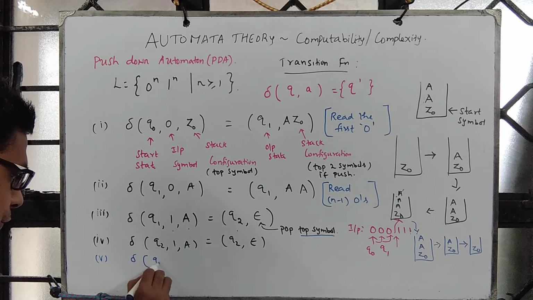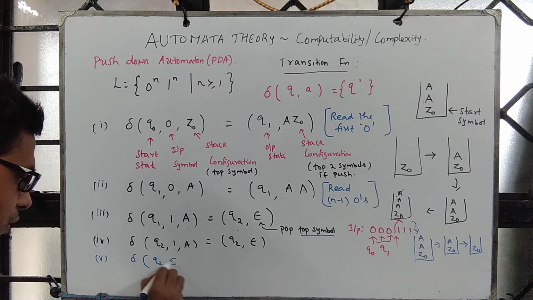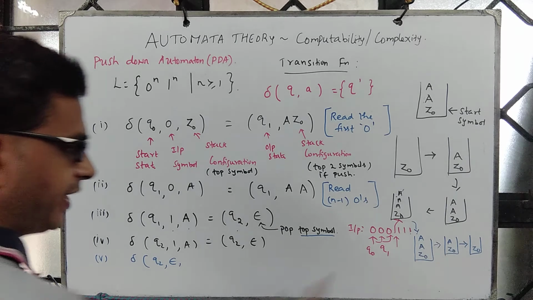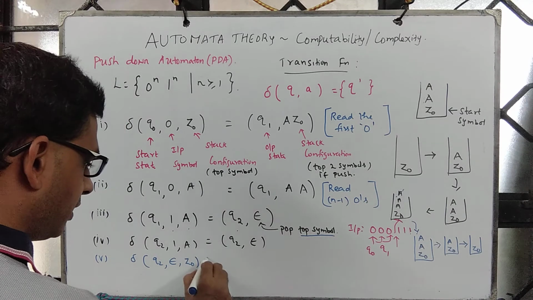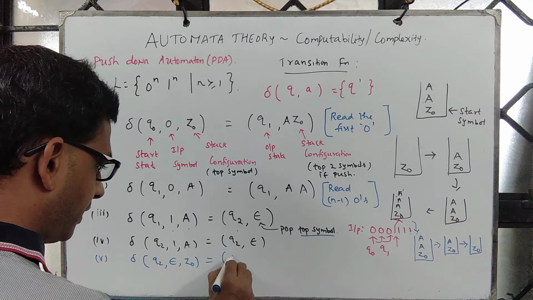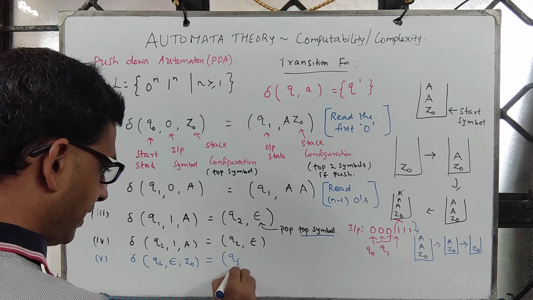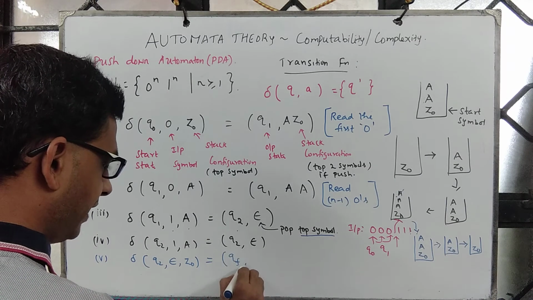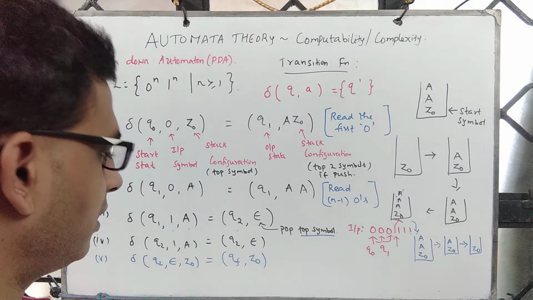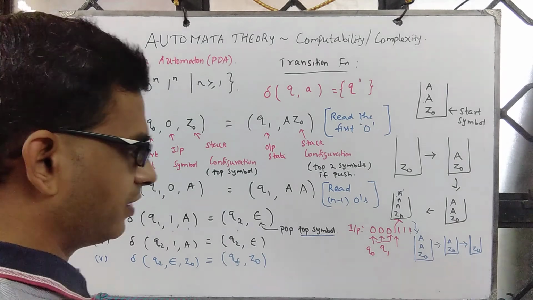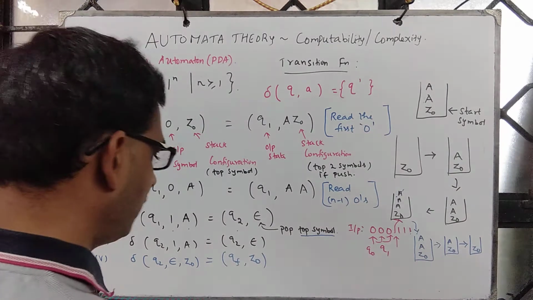So I am at Q2. There is no symbol on the input tape and top symbol is Z0. At this point in time, I accept, let me say, go to final state. You may take out the Z0 or you may retain the Z0. Both are allowed.